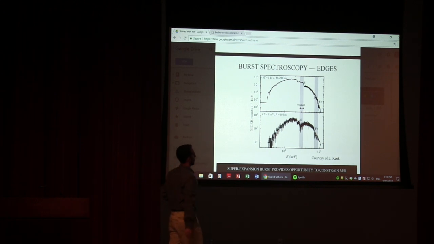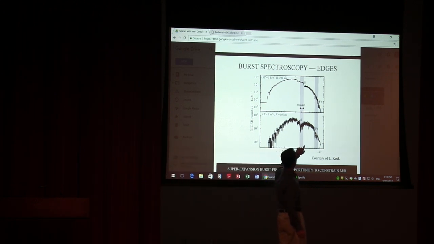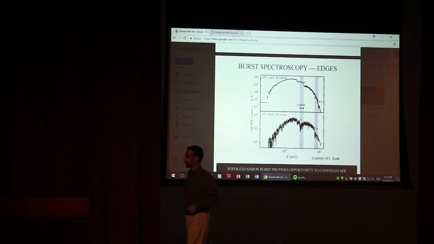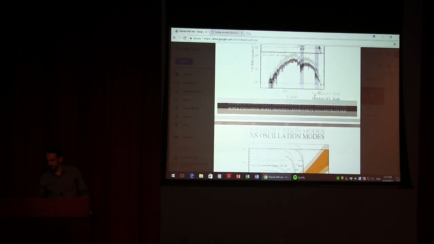You can measure the displacement of the edge and get a direct measurement of the mass-radius ratio of the star.